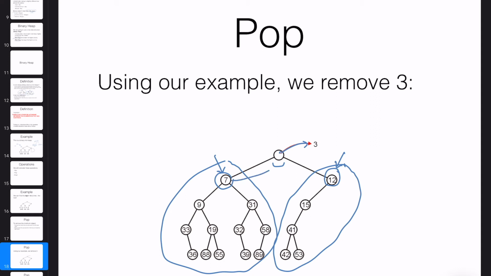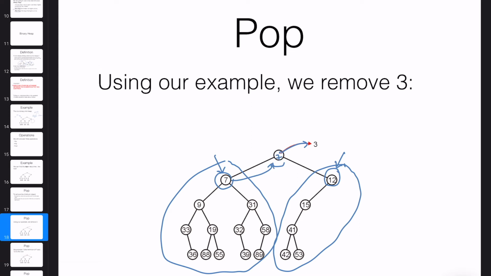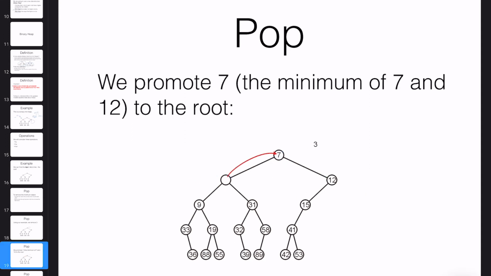So you have to copy 7 into the root. And you see that this is just a recursive procedure. You remove 7 from the left side, you copy it at the root, and you recursively apply the same procedure on the left side. Again, to fill this hole, you look at the left and right children, compare them, and get the one with the minimum value, which here is going to be 9, so 9 will be copied here.